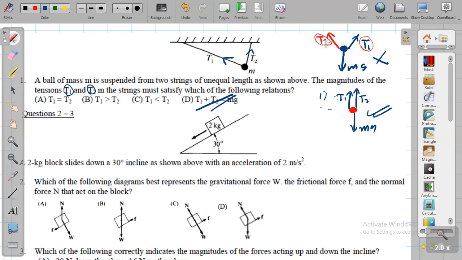Because why? If the angle is theta 1 and theta 2, this one is going to be T1 cos theta 1 and this one T2 cos theta 2, not T1 equals T2. It's wrong. Can you understand? It is not going to be applied.